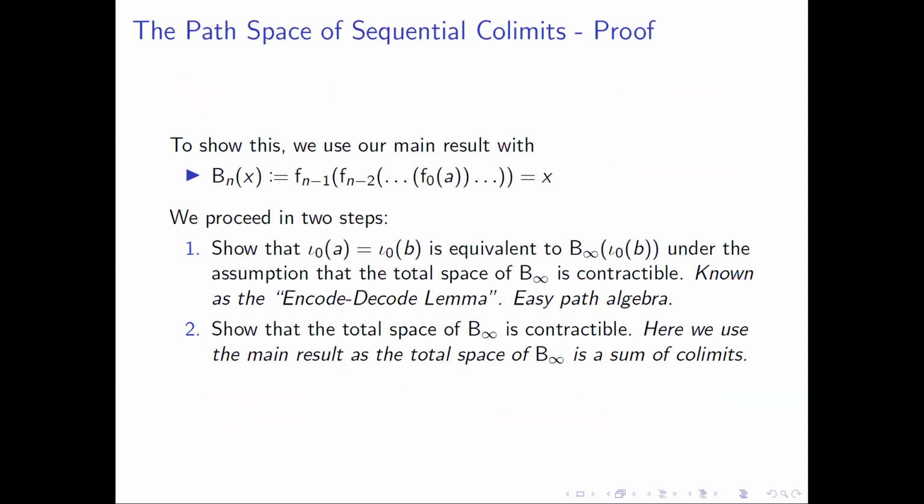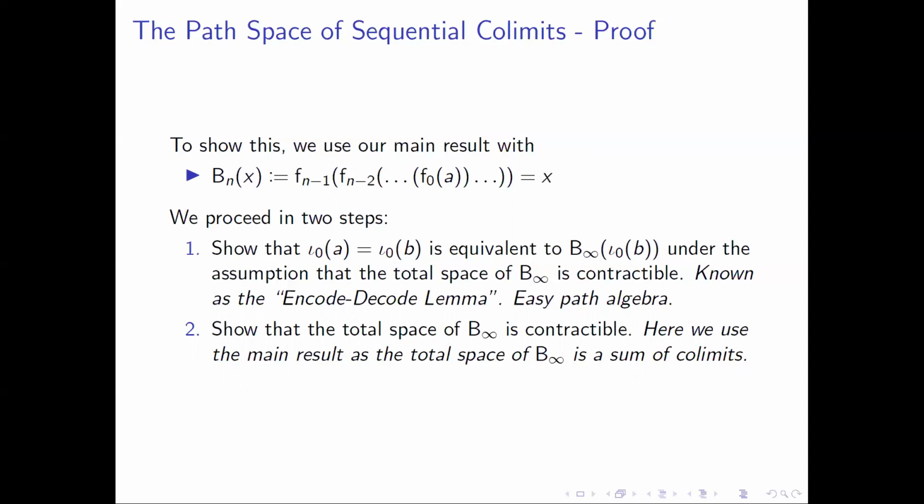And how do we prove this? Well, of course, I gave the punchline away already. We prove this by using the main result. And so probably the most creative part here is defining the actual family of type families B. And how do we proceed? Well, given x that lives in An, we somehow want to compare it with the a down here that lives in A0.